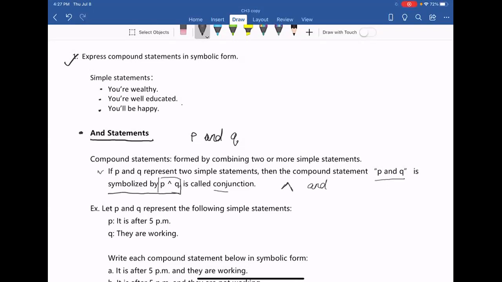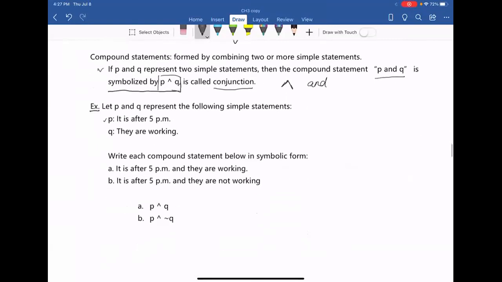We call this a conjunction. For example, let P and Q represent the following simple statements. P: it is after 5 p.m. Q: they are working. Write each compound statement below in symbolic form.